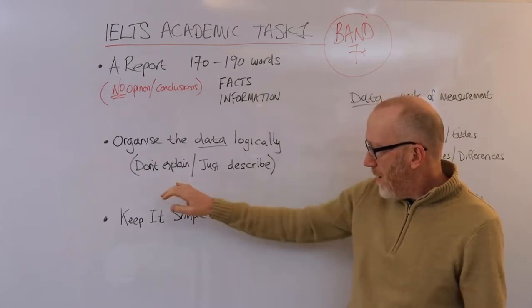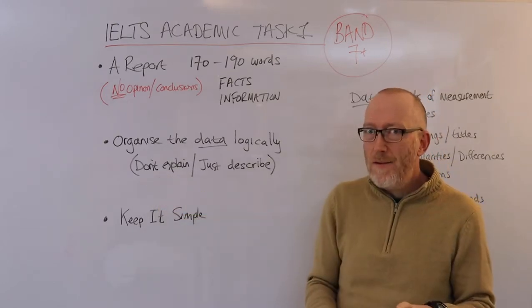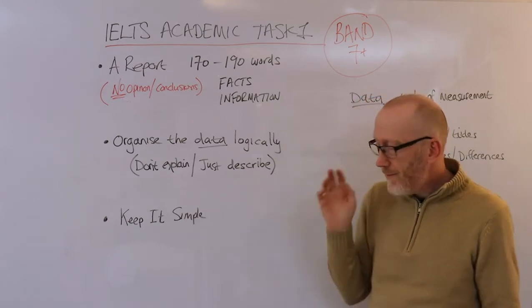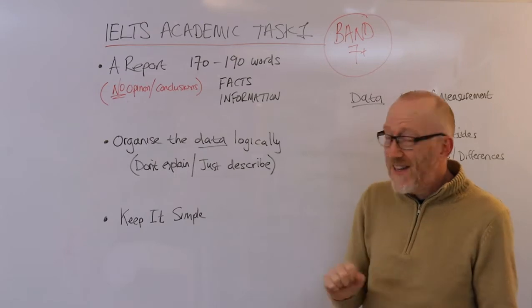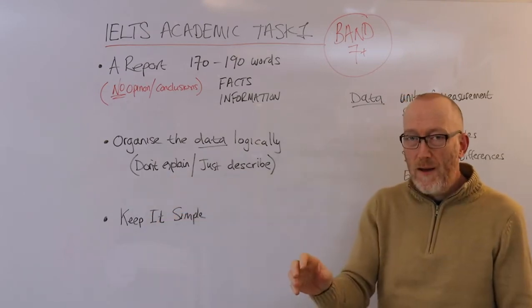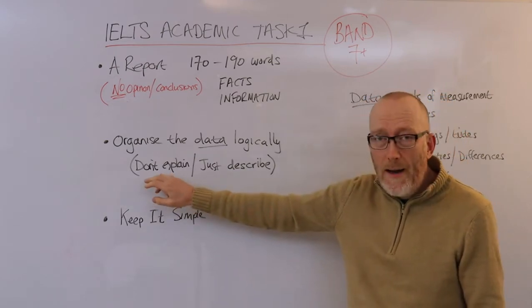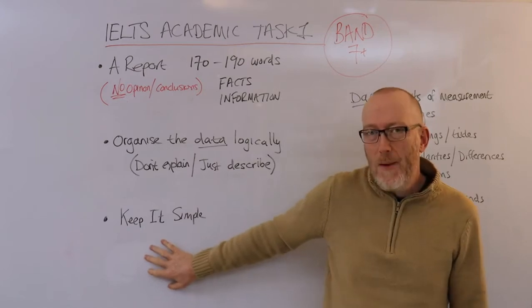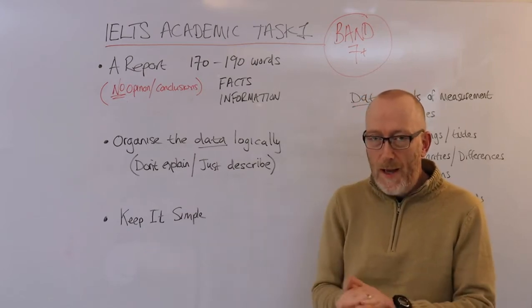So don't try and explain what the data is, just describe it. That's one of the best pieces of advice I can give you. Don't try and explain what you're seeing, just describe what you're seeing. Don't tell me why, just tell me what you can see. Keep it simple.